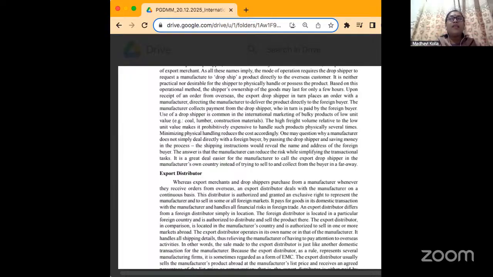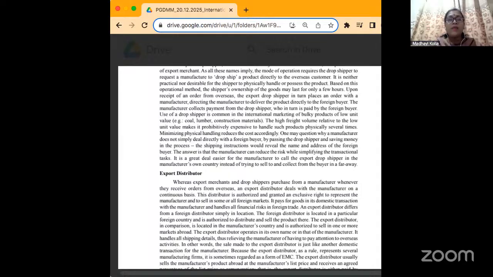So it doesn't make sense for a manufacturer to take the product and send it to the export merchant, and they in turn send it to the end user. So there's a lot of cost that is involved and also the process is lengthy. The kind of documentation that is required is lengthy.